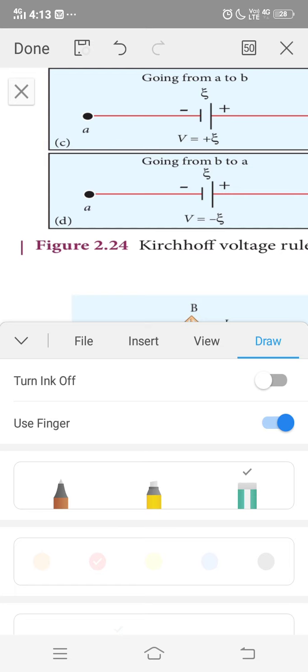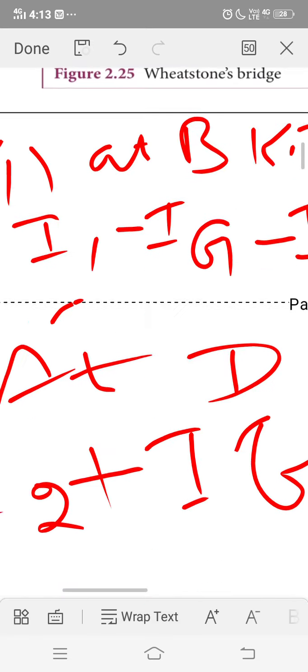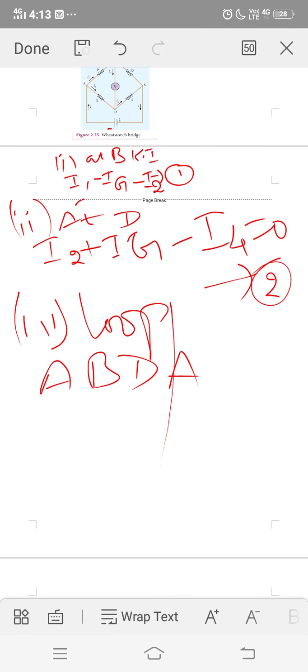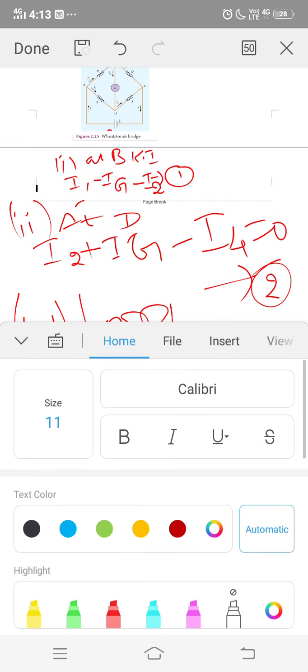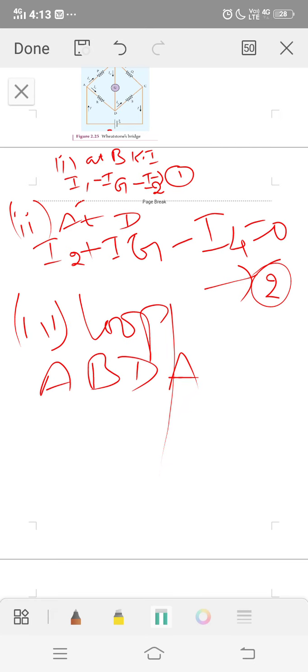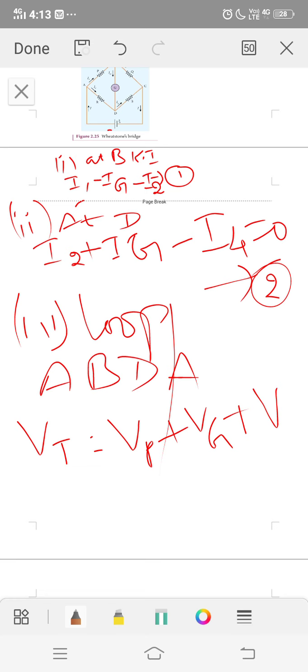Along the ABDA loop, the total voltage drop V total is equal to the voltage drop VP plus VG plus VR. So what is the voltage drop across V? What we found from the equation before itself?